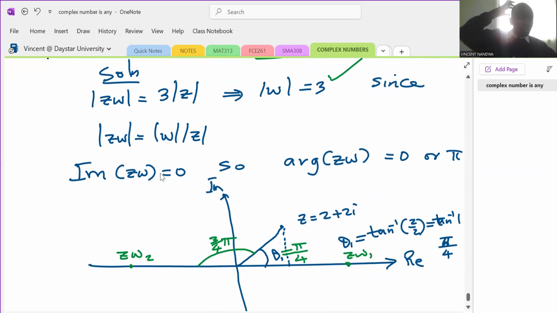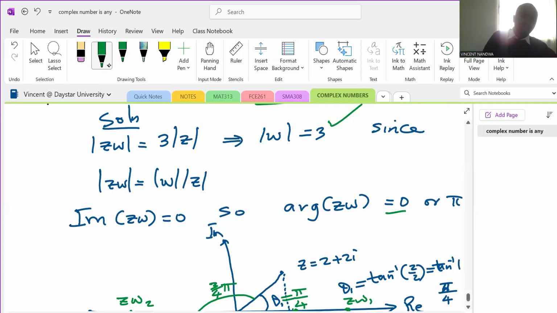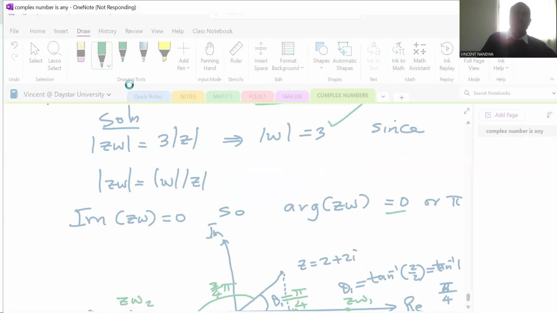And since the imaginary part of ZW is 0, then it can either be on this positive side of the real axis, whose value will be 0, or now you make a full rotation on the real axis in the anti-clockwise direction to get the angle as pi, still on the real axis.